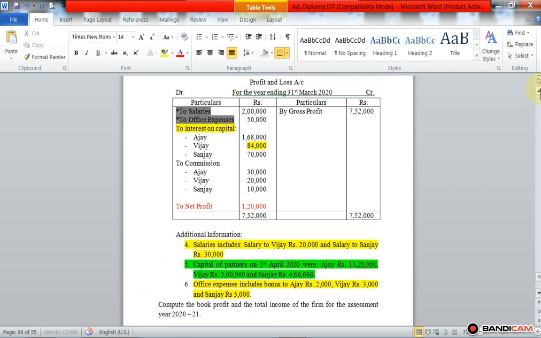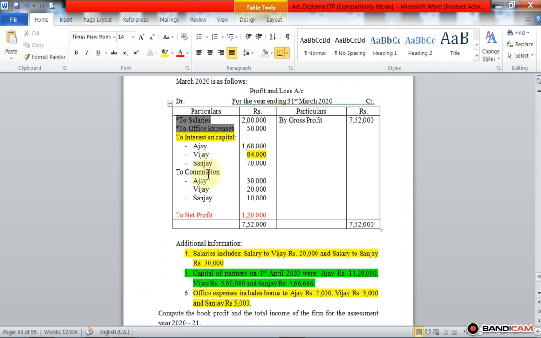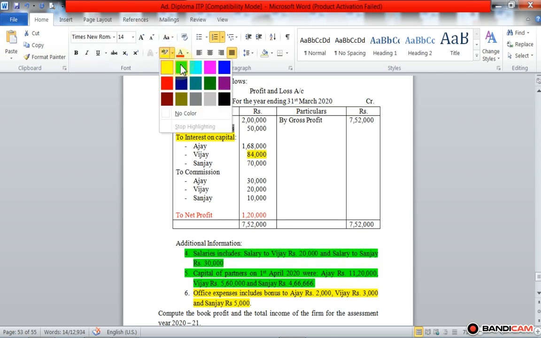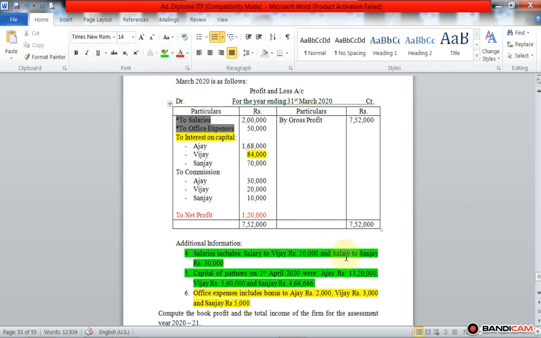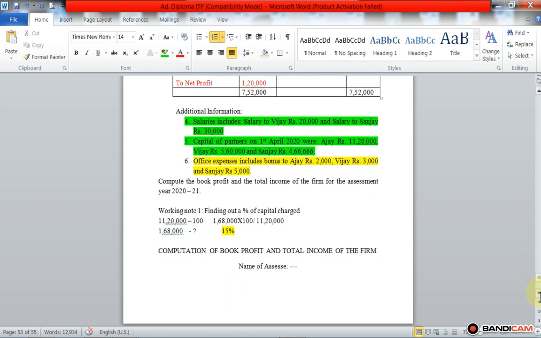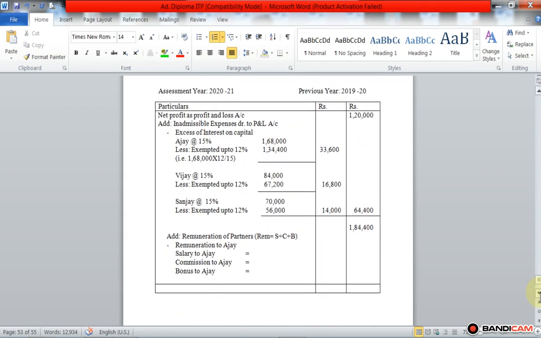In the profit and loss account, salary is not given here. In additional information, salary is given, but the salary is paid to only Vijay and Sanjay. So salary to Ajay is not given, so salary to Ajay is nil.